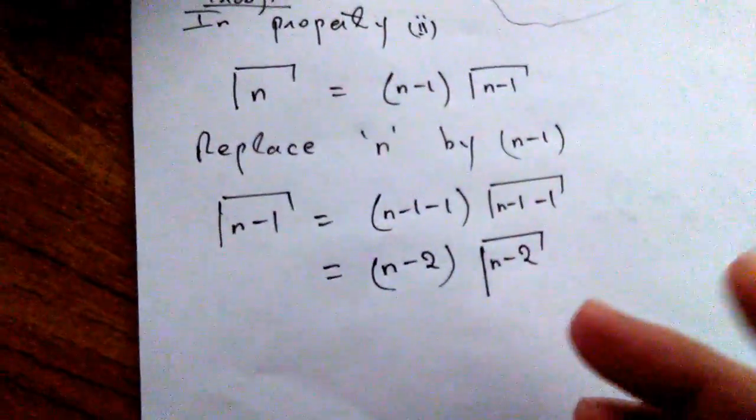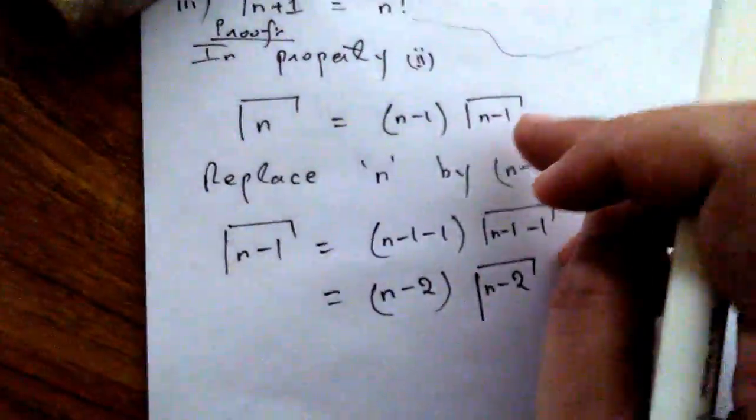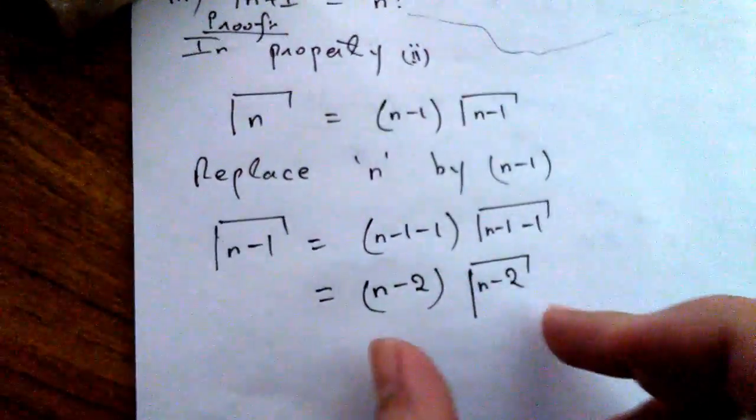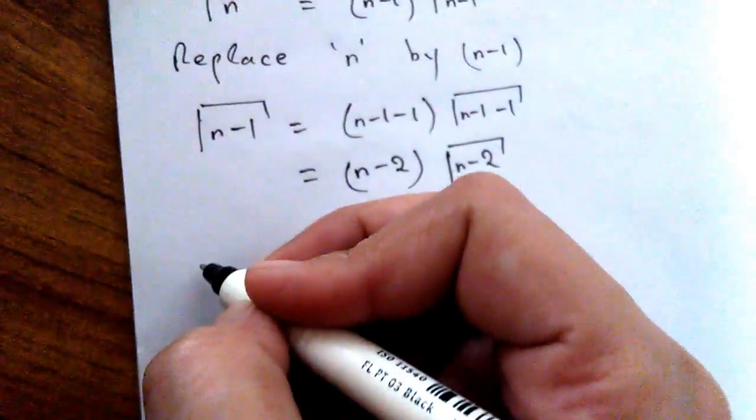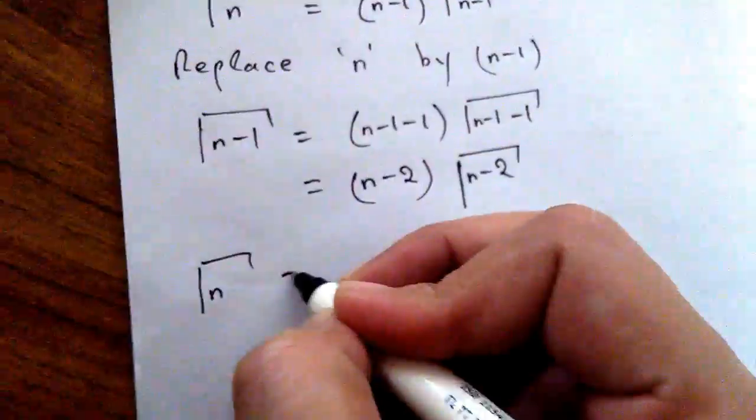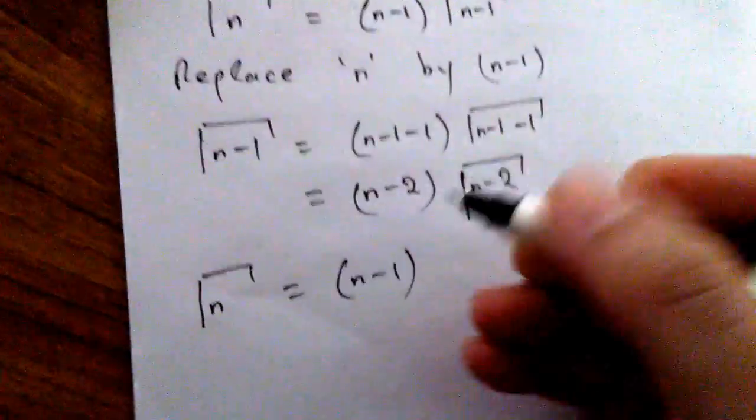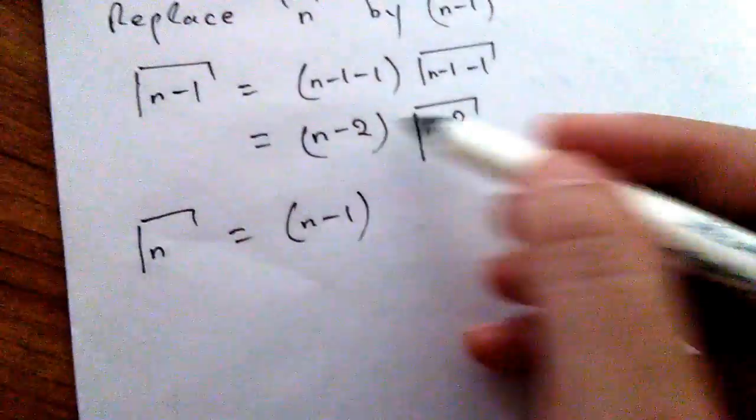Now you see at the place of your gamma function n minus 1, you can write this answer. Okay, so gamma n is n minus 1 into gamma function of n minus 1, which is equal to this.